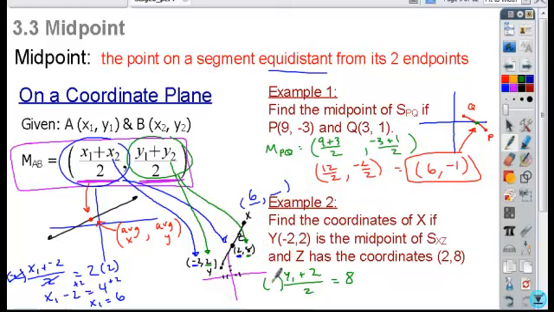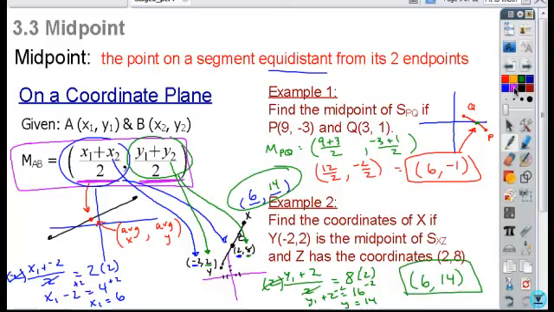And then we solve that individual equation. If we multiply both sides by 2, again, get rid of our fraction, y1 plus 2 is equal to 16. Subtract 2 from both sides. We get y1 is equal to 14. And so here would be our coordinates. The answer to this problem is 6, 14.